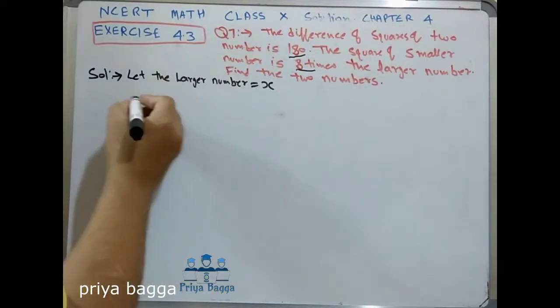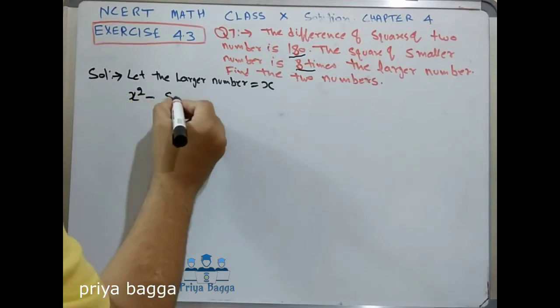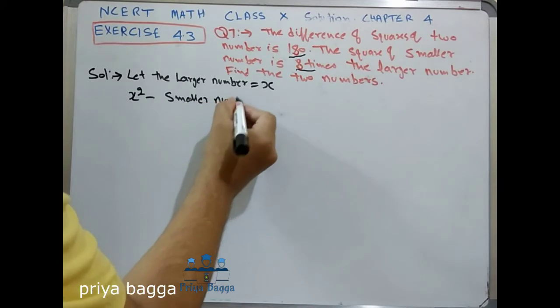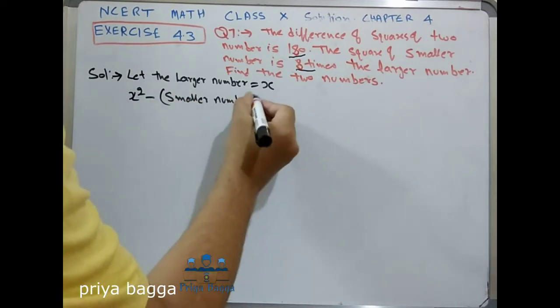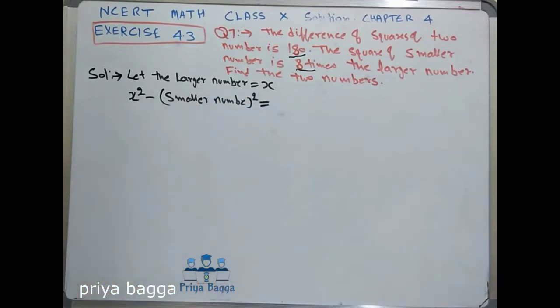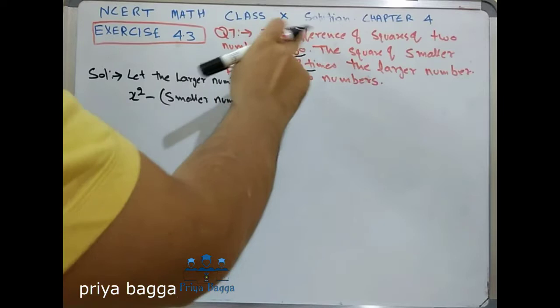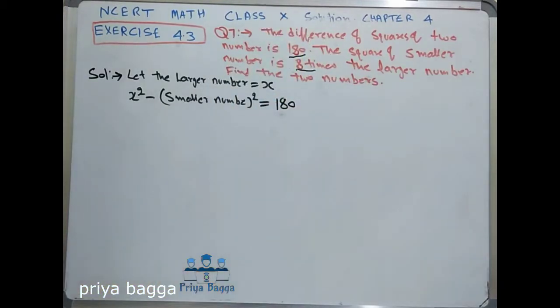So it means larger number square minus smaller number square. So that will be how much? It says the difference is 180, so it will be 180, right?